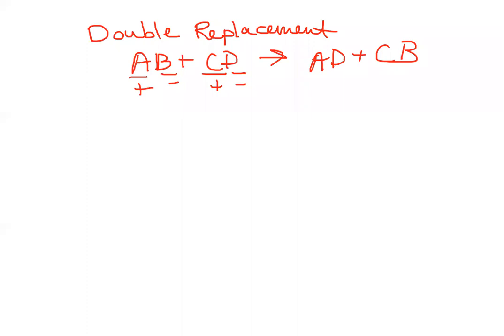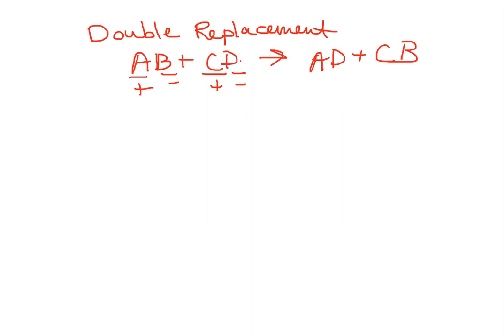So that's why over here it looks like AD, and we didn't change it to AC, because A and C are both plus charges. So the A has to go with the other negative, and since C is positive, it has to go with the other negative. So that's how you tell what's going to switch with each other.